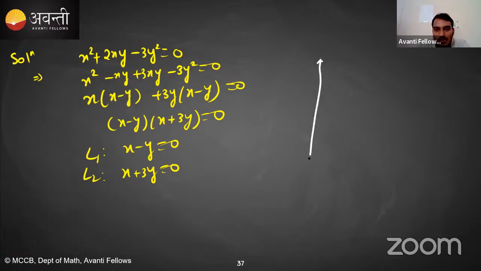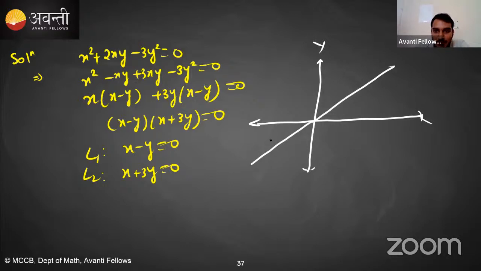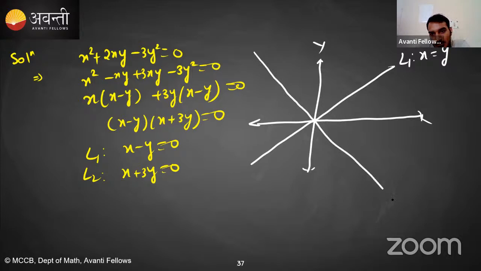If you quickly represent these lines on the Cartesian plane x, y: x is equal to y, slope of the line is 1, so this line should be L1. x plus 3y equal to 0 has a slope of minus 1 by 3, so the slope is negative. So the line will make an obtuse angle with the positive x-axis. So this will be L2.